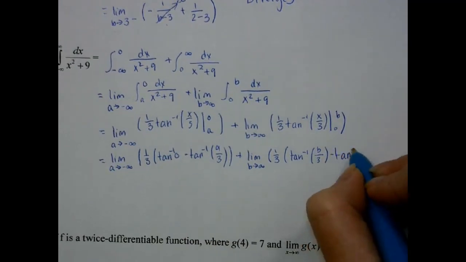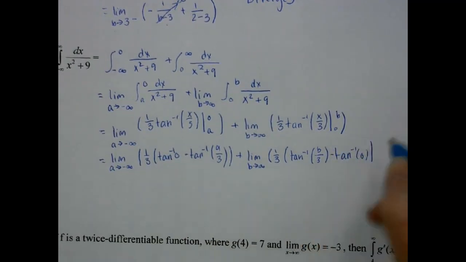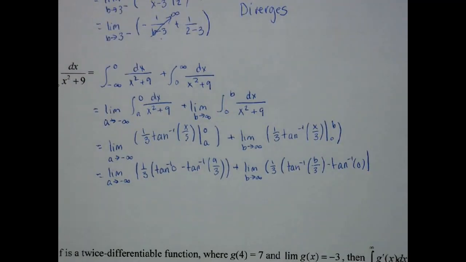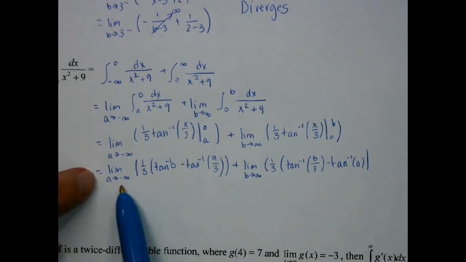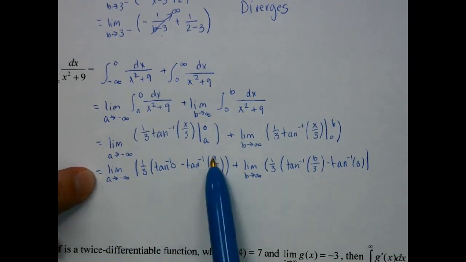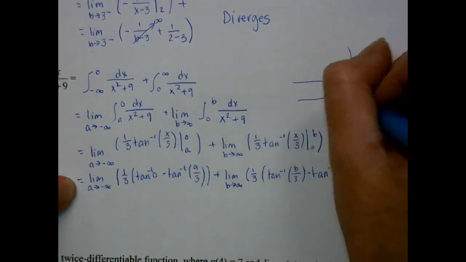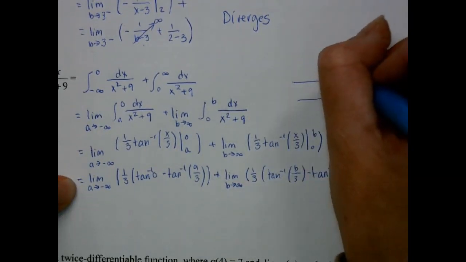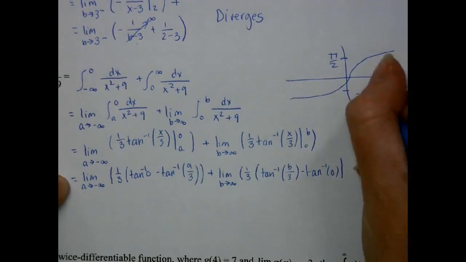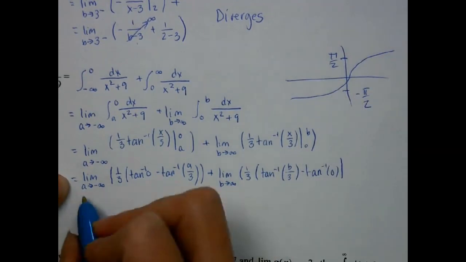So we need to look at what happens to tangent inverse as we go to negative infinity and positive infinity. So tangent inverse, remember, looks like this. It approaches pi over 2 here and negative pi over 2 here. So as this goes to negative infinity, we're going to have 1/3. Tangent inverse of 0 is 0.